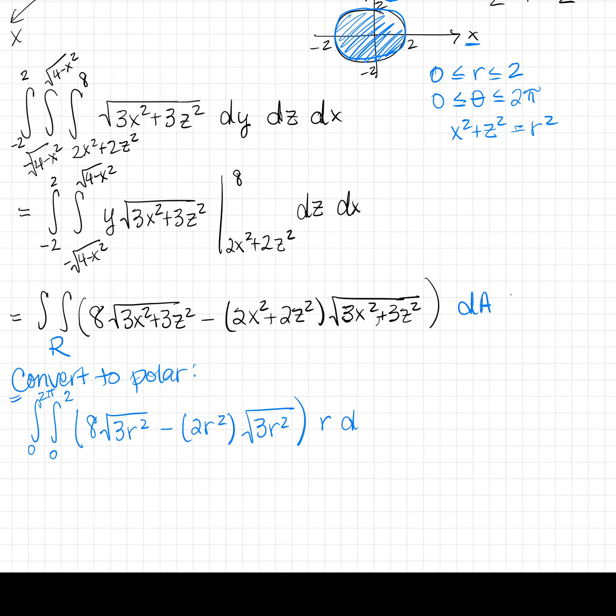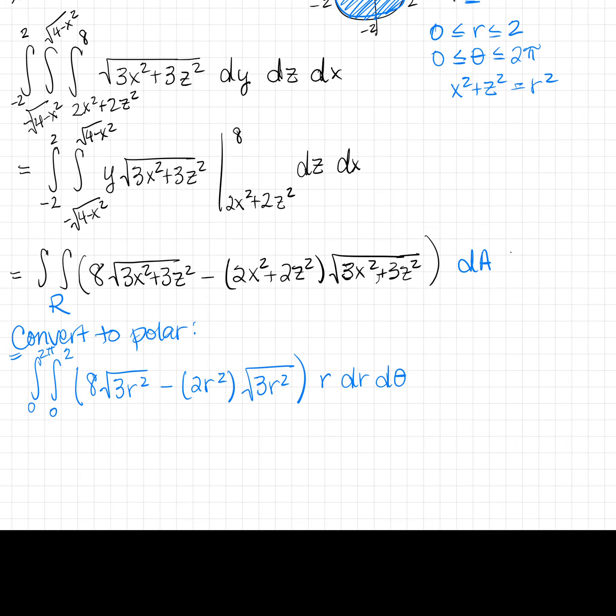I have r dr d theta. Okay, so what do we get? If I distribute and clean things up, I'm going to pull a square root of 3 out, and so I'm left with an 8r squared once I distribute this r in. So 8r squared minus 2r to the 4th dr d theta.